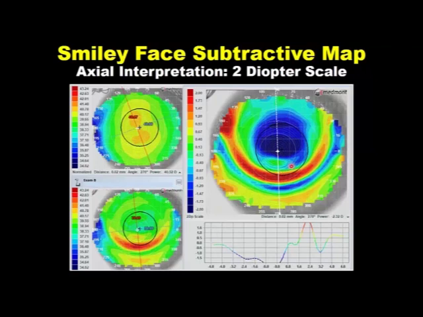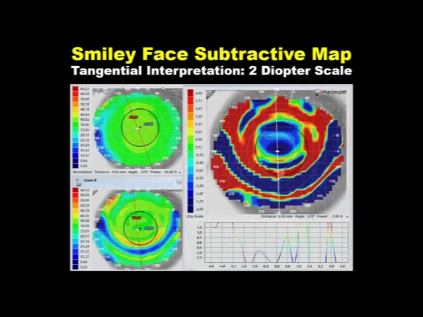So the axial map is saying we had a 2.3 diopter myopic reduction, which is why smiley face patients are normally quite happy with their vision in the AM, but the decentered treatment zone and sometimes paracentral steepening inside the pupil creates reduced quality of vision. So a smiley face patient will often report their vision slides very quickly toward the afternoon and into the evening.